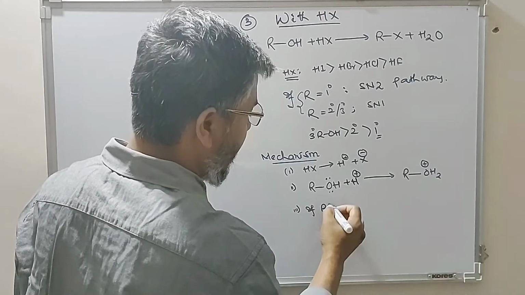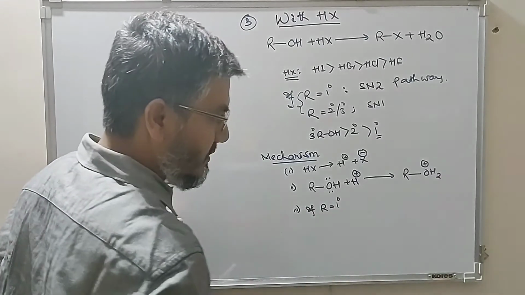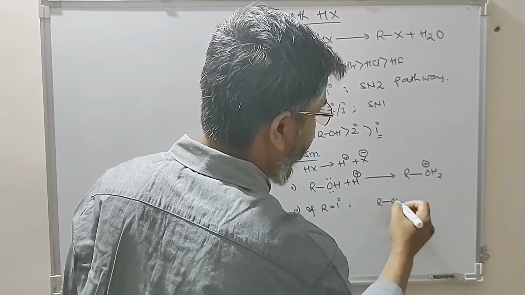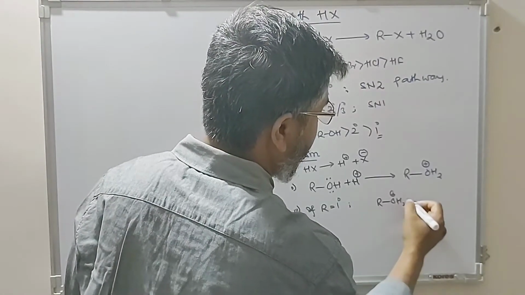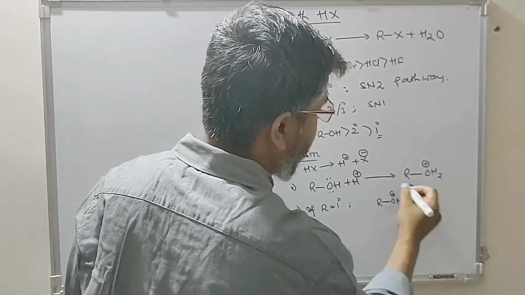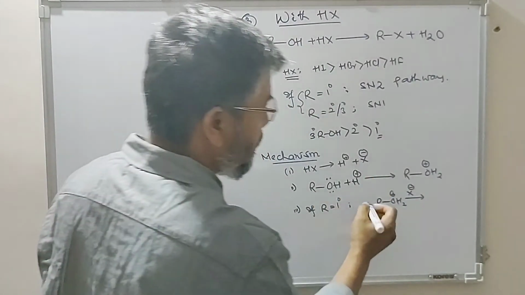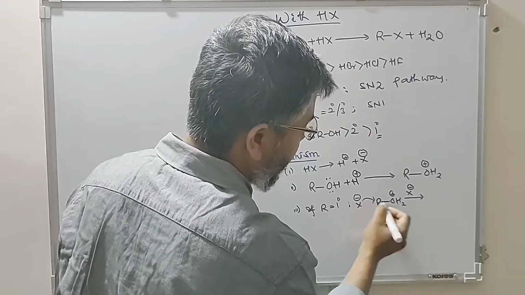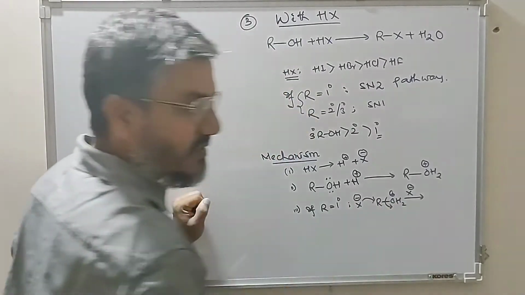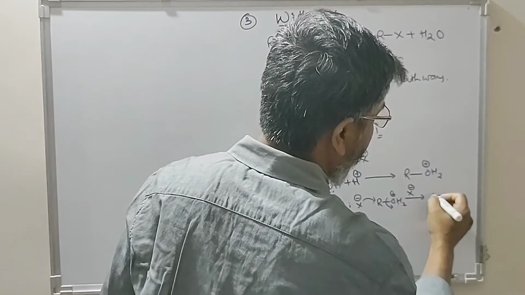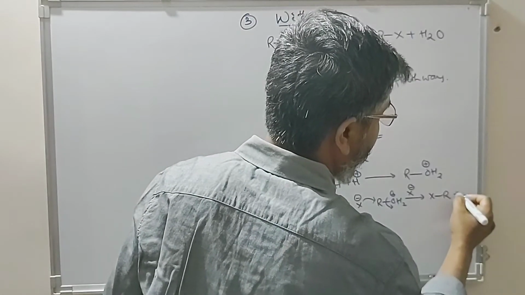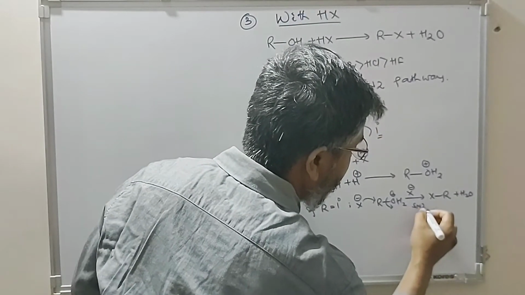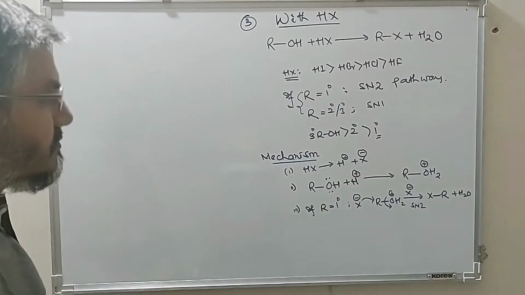If R is primary, then look at this: we have this ROH2 positive. This reacts with X minus ion, which is present in the reaction medium. So this X minus ion attacks from the rear side and water leaves as a molecule, and we have RX, that is alkyl halide, plus H2O. So here the reaction is SN2.